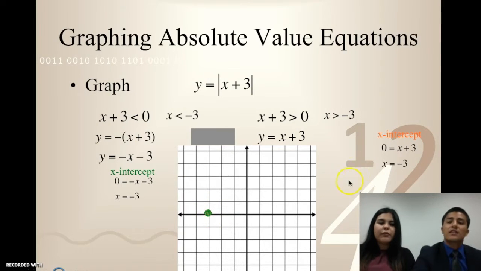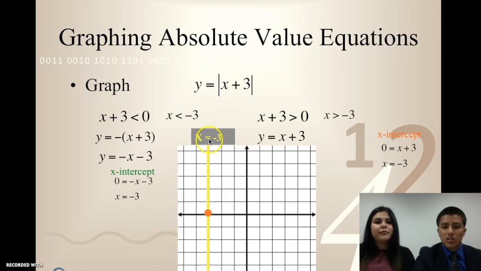Then we solve for the x-intercept of the positive equation, and we get also x is equal to negative 3. So this point will be a point of intersection for both graphs. So then we draw this line here, x is equal to negative 3, because we see that the boundary is x is equal to negative 3 for both. So anything on the left, we'll use this equation, and anything on the right, we'll use this equation.